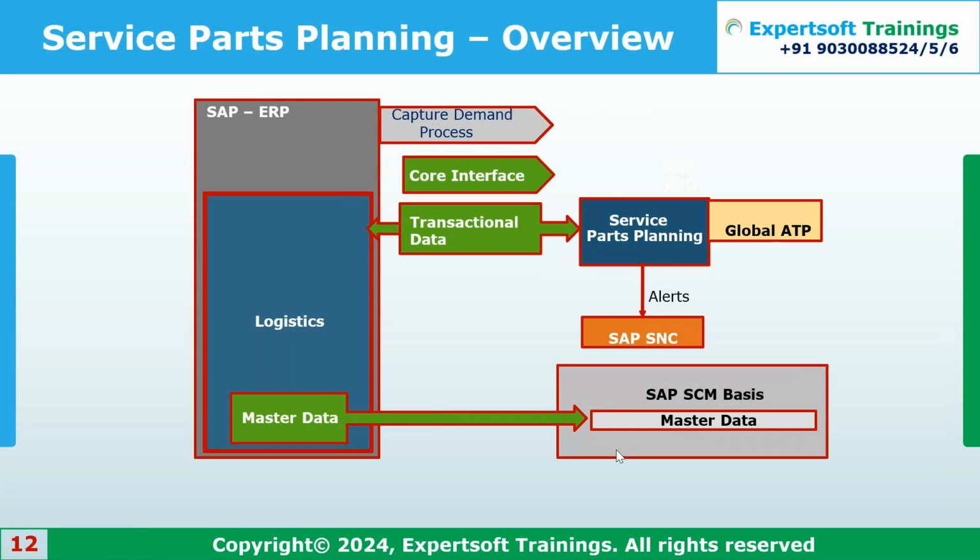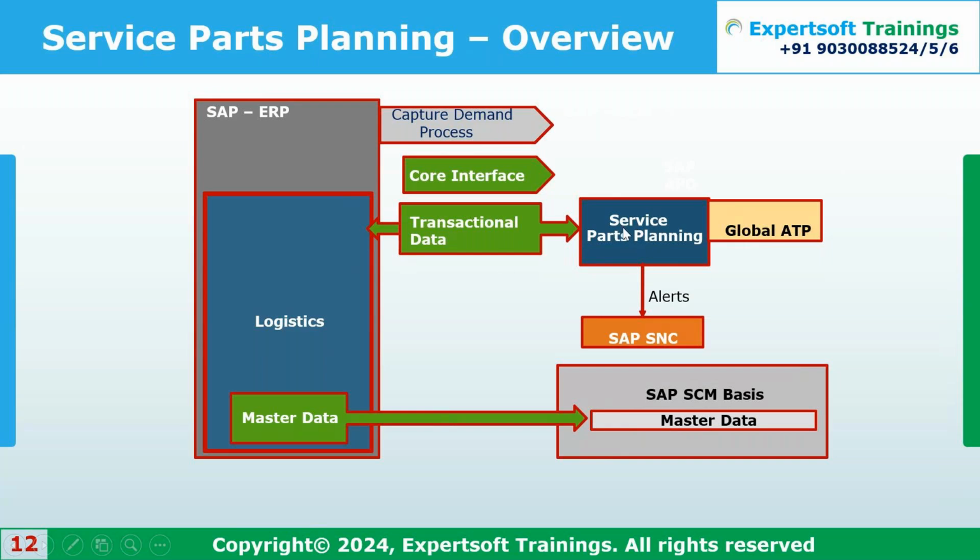Mostly we transfer plants, plant material, vendor master data, info records, contracts, all those things from the ECC. Transactional data is also transferred and communicated between the ECC and SPP.